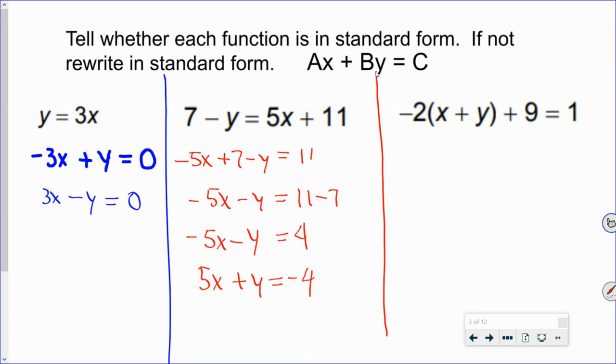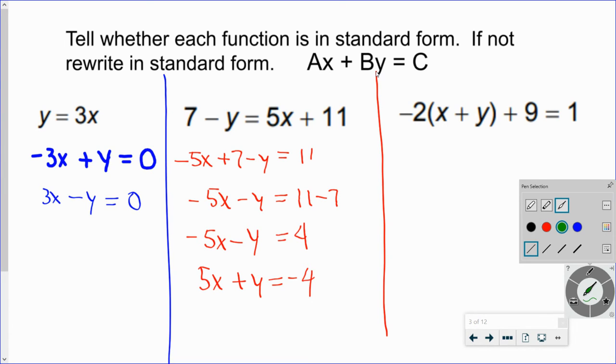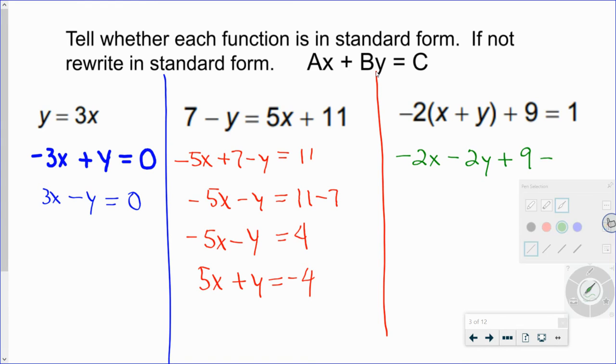Let's look at the last one. So I've got parentheses. If I have parentheses, that's probably going to indicate that I need to distribute. So I'm going to distribute the negative through 2. So it's negative 2x minus 2y plus 9 equals 1. So what do I need to move next? I need to move the positive 9.